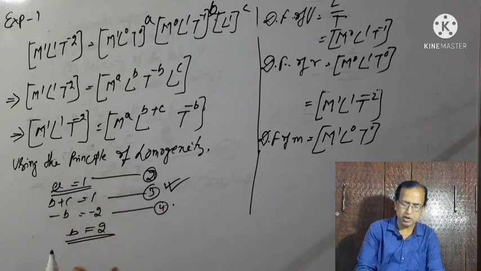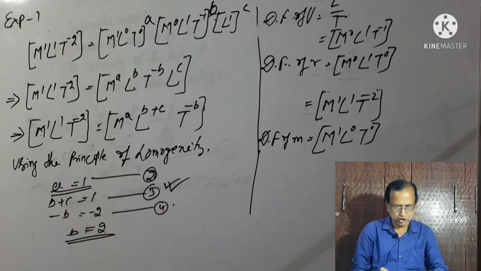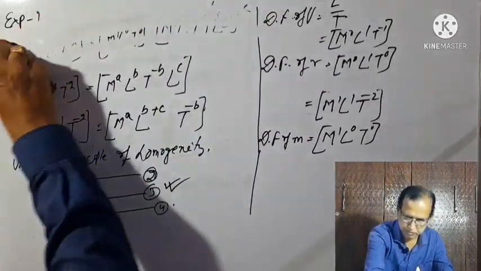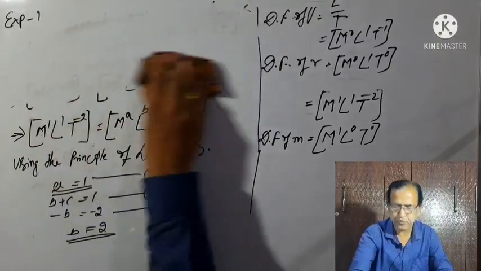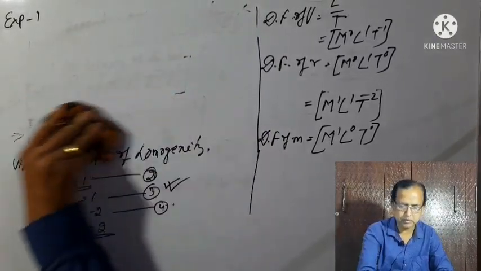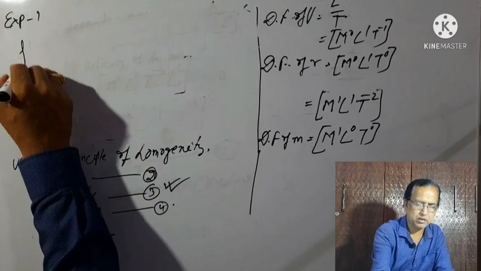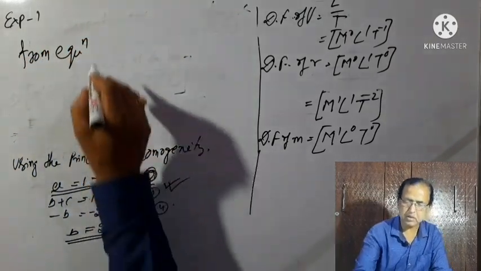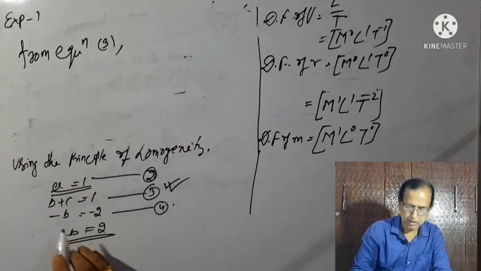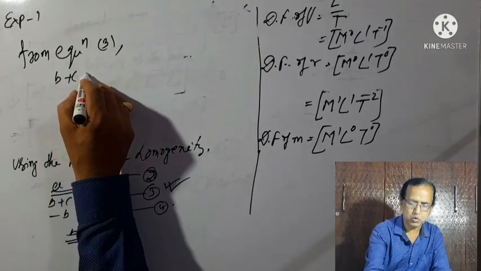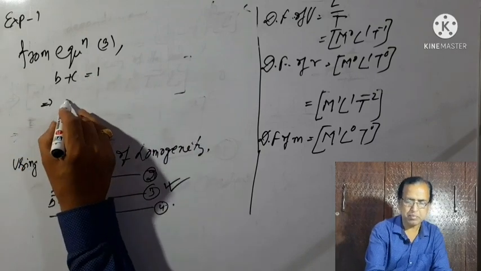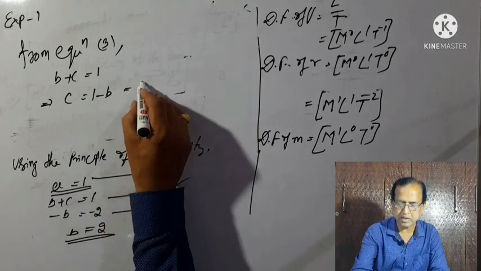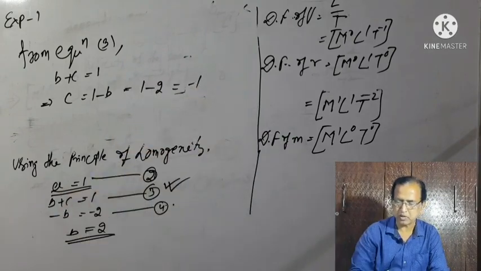If b is equal to 2, then we can find c. So c is equal to 1 minus b, which is 1 minus 2, that is minus 1.